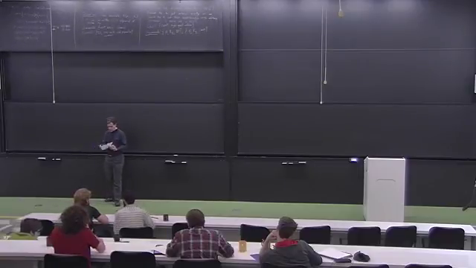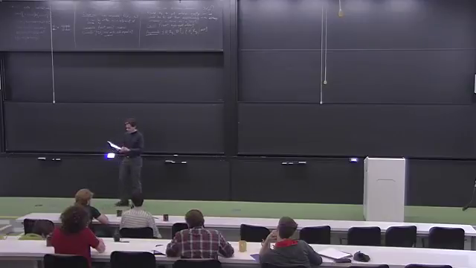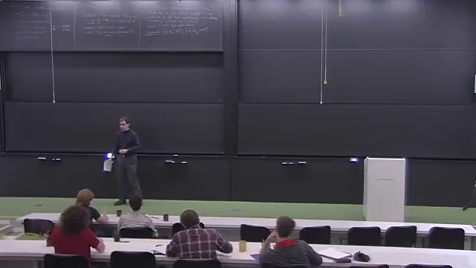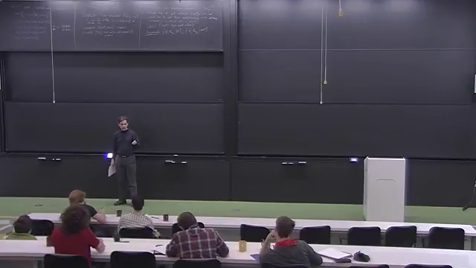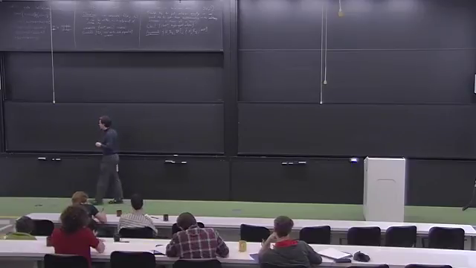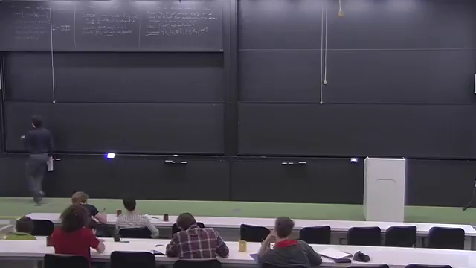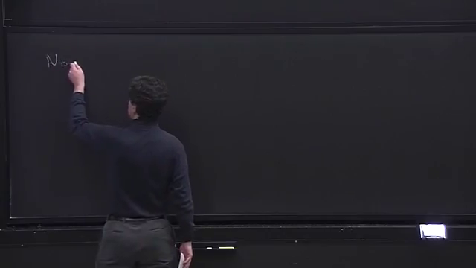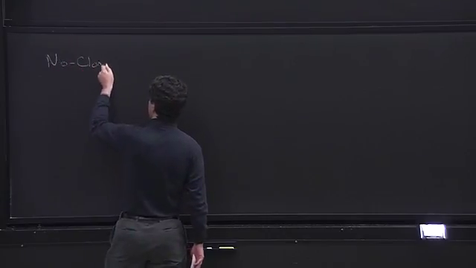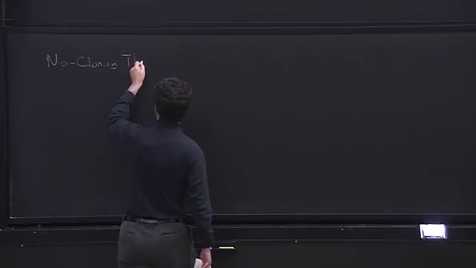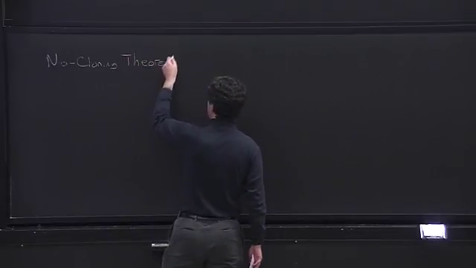So the next topic I wanted to discuss is the no cloning theorem. I guess you've probably seen this before, a lot of you, but I just wanted to go through it quickly. In particular, I wanted to go through it because it was at the root of some of the questions I was getting yesterday.